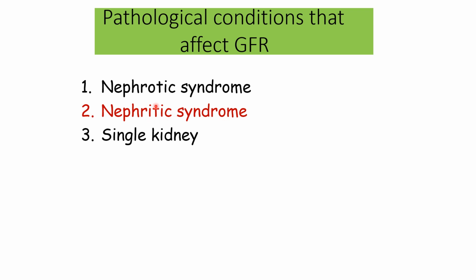If you want, you can check out these two topics. These are big topics by themselves and will come in the general medicine subject. So just know the names of these syndromes. Nephrotic is different, nephritic is different. These conditions will decrease the GFR.